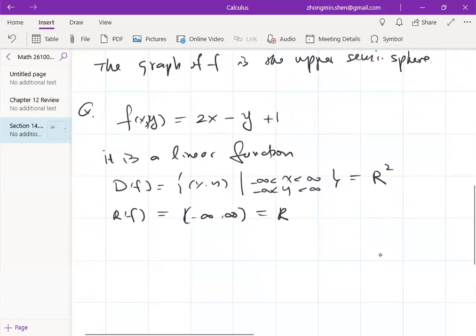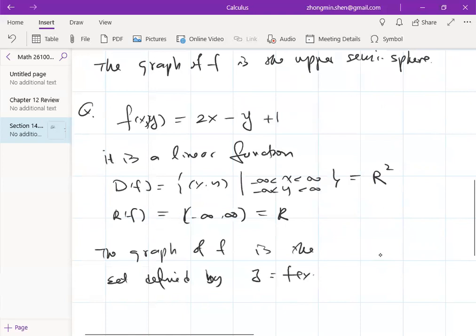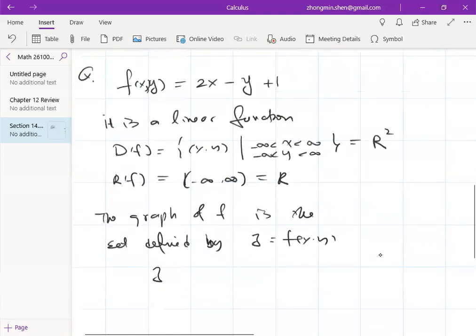Now, how about the graph? So the graph of f is the set defined by the equation z equals f of x y, right? But if you write down the details, it looks like that.